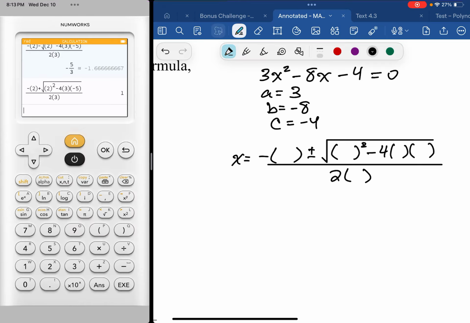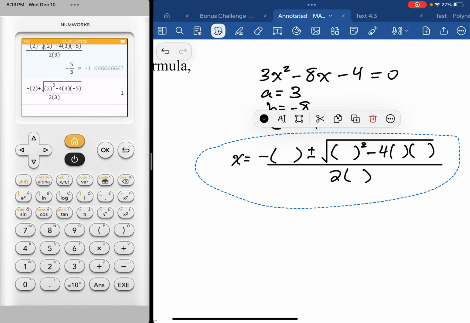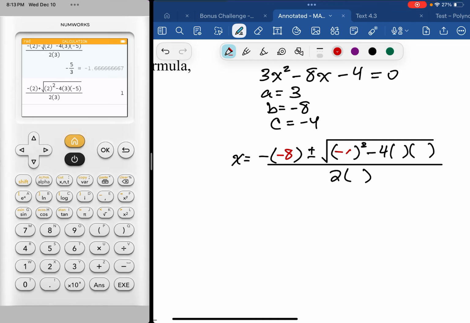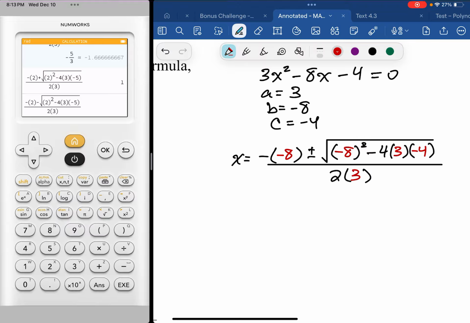Maybe I'll copy that, save it for later. So I'm going to plug in my values. -8. I'll plug in the a and the c. I'll just work off what I did before and change my values.